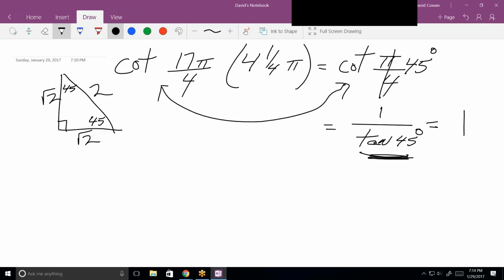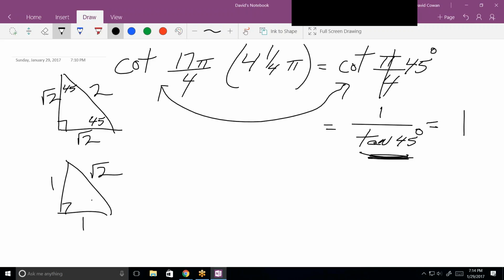If you want to figure it directly and not do it the way I do it, then it's the adjacent over the opposite. The one I use that's 1, 1, root 2, same triangle.